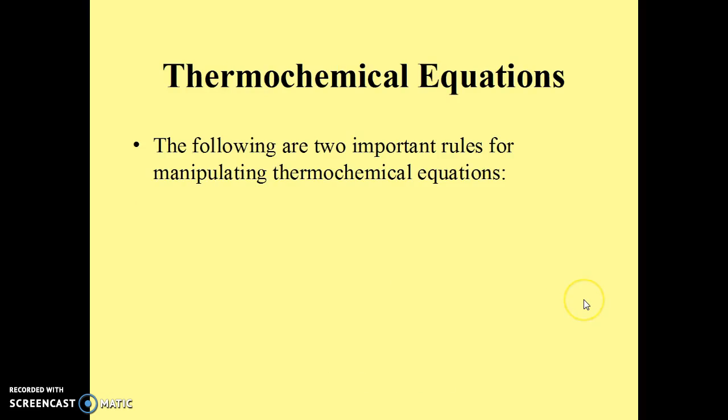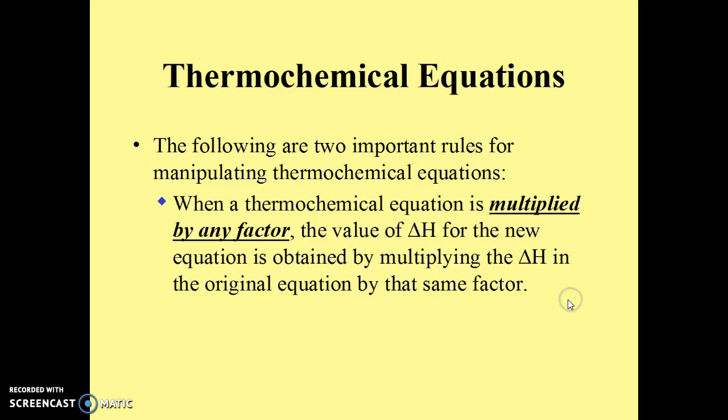Here are two important rules for manipulating thermochemical equations, and with this we will end this segment. When a thermochemical equation is multiplied by any factor, the value of delta H for the new equation is found by multiplying the delta H in the original equation by that factor.